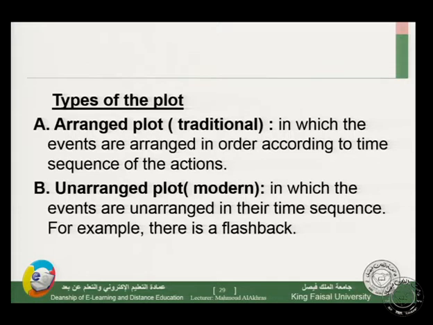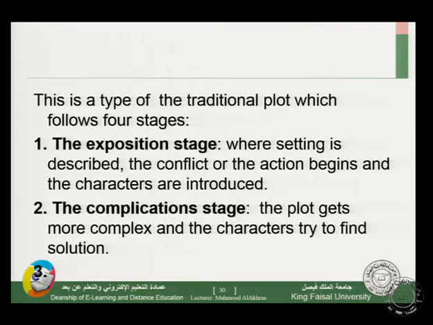And another one, unarranged plot, which is a kind of modern plot in which the events are not arranged in their time sequence. For example, there is a kind of flashback. We can move from this moment to the past, then we come back again to the present. We can even move to the future and come back to the present time of narration. So we have again traditional type and modern type.